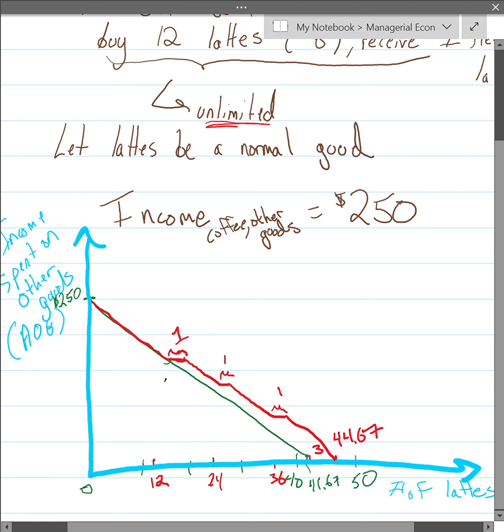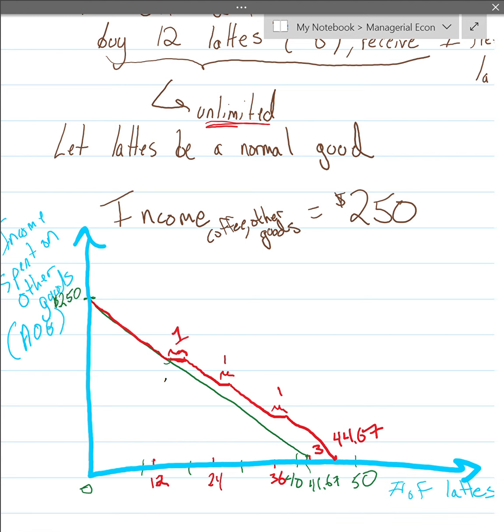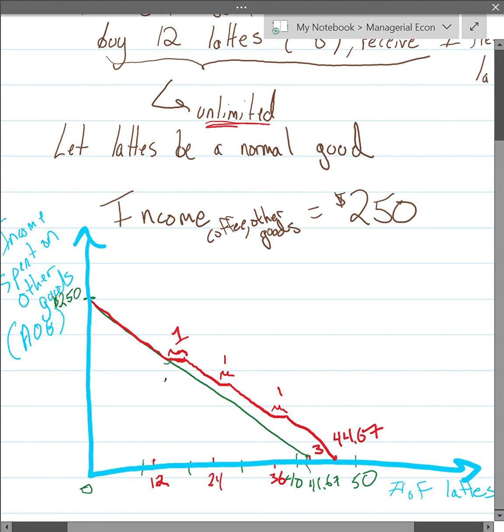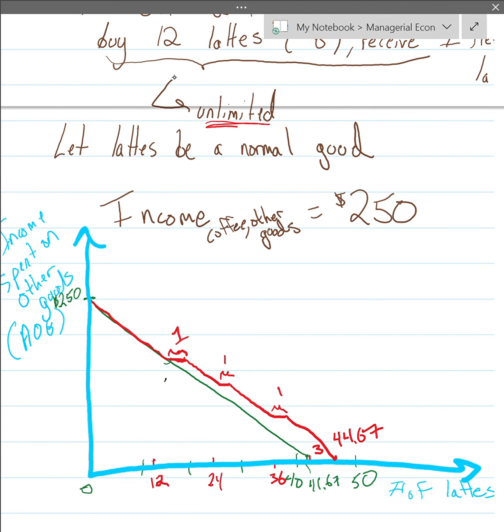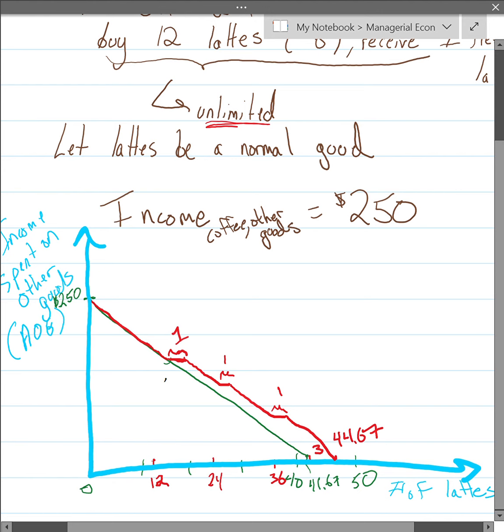All right, so essentially they're going to be able to consume more lattes and other goods than they otherwise would have, right? If we were to go ahead and introduce some indifference curves here, right? There'd be some indifference curve, maybe like right here. Needs a lot of large dots in order to connect that, right? Some indifference curve that gives a utility of, I don't know, doesn't matter, right? 1,000.